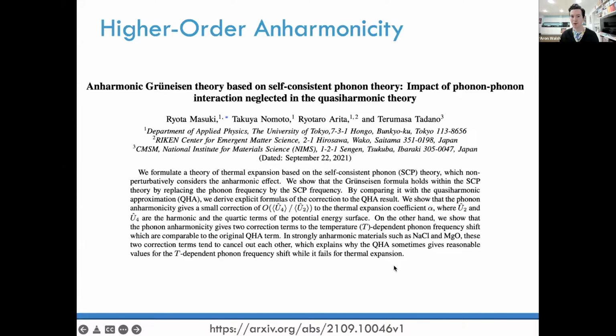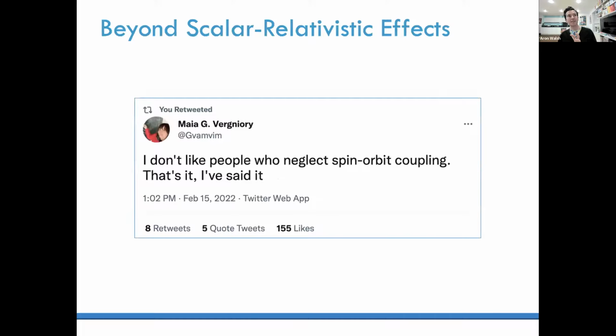And what's quite curious is that even systems like sodium chloride and magnesium oxide are classified as strongly anharmonic. At least for me, I'd have the intuition that a rock salt crystal should be quite robust, that you don't have to worry too much about anharmonicity, but actually it's not the case. There's a lot of interaction between vibrations.